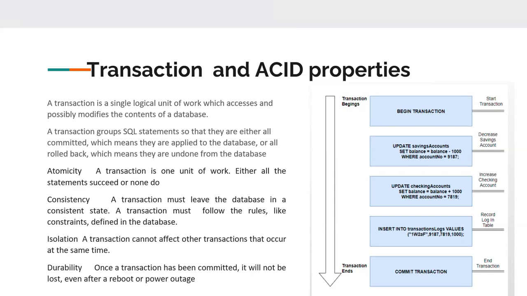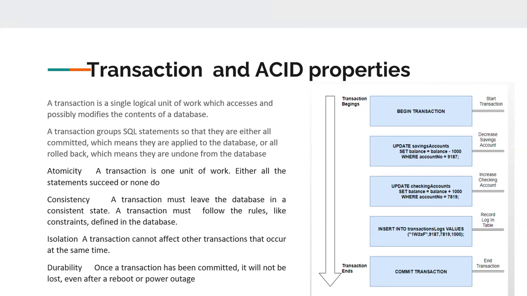When you log into your mobile application, there's a certain procedure that helps you perform that activity. It updates your own account, deducting the amount you want to send, updates the receiver's account with the amount, and inserts logs into a different table.